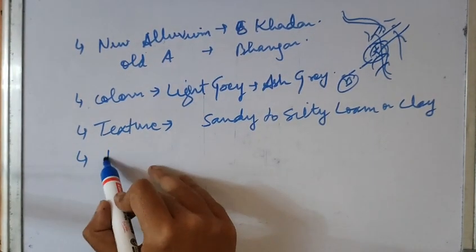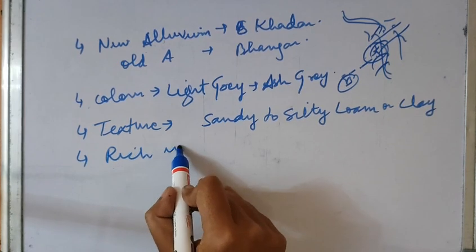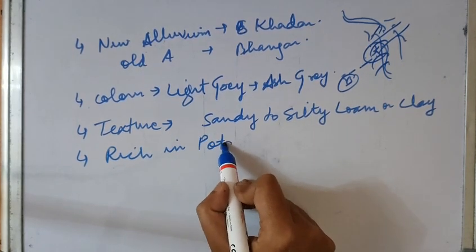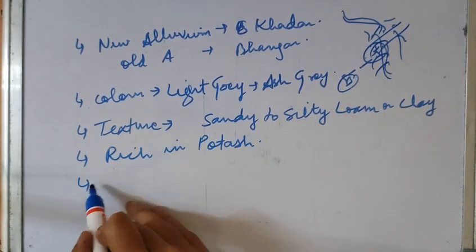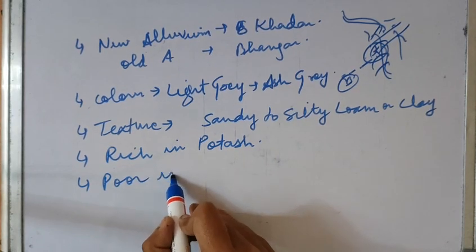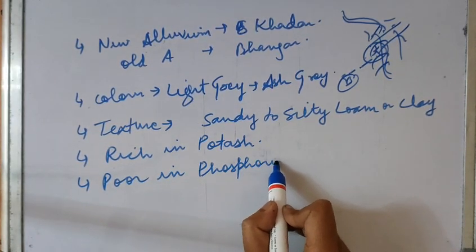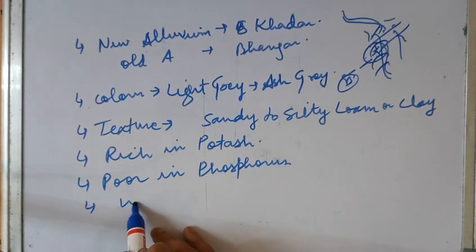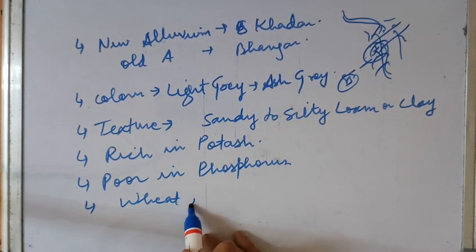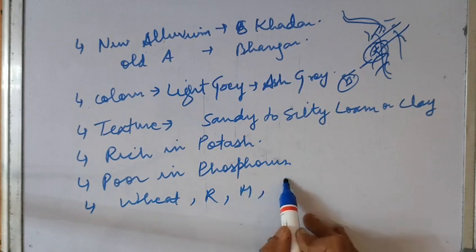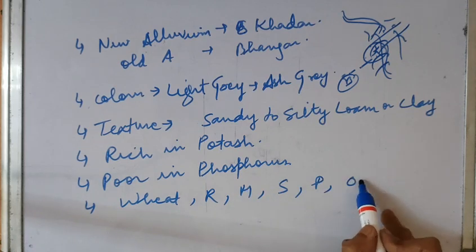It is rich in potash. It is poor in phosphorus. And major crops grown in alluvial soil are wheat, rice, maize, sugarcane, pulses, oilseeds, etc.